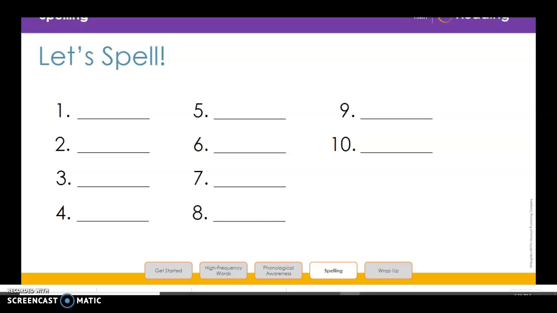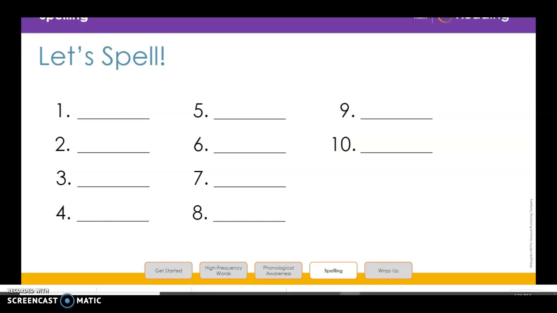Split. Number 6, slid. They slid down the slide. Slid.